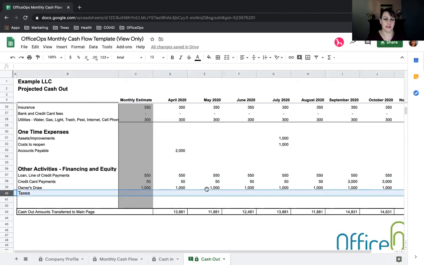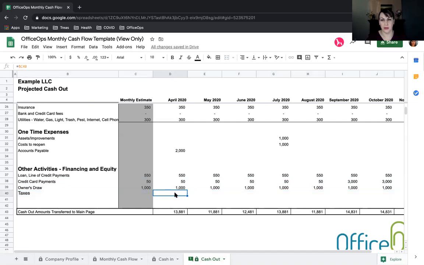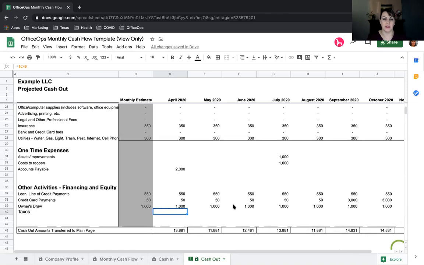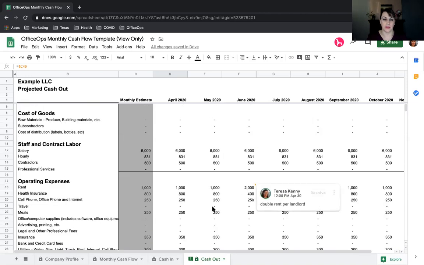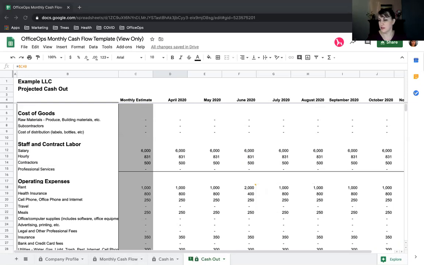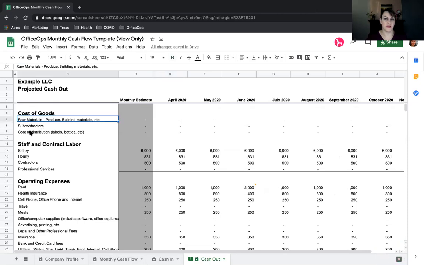And then I have here taxes. I don't have anything projected, but in general, if you're making quarterly payments, you want to make sure that you at least have something budgeted in here to make those payments. Okay, so let's see. Yeah, I would say some of the most important things, really think through this cost for each unit produced.